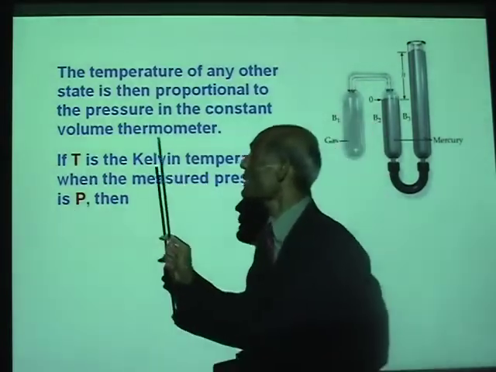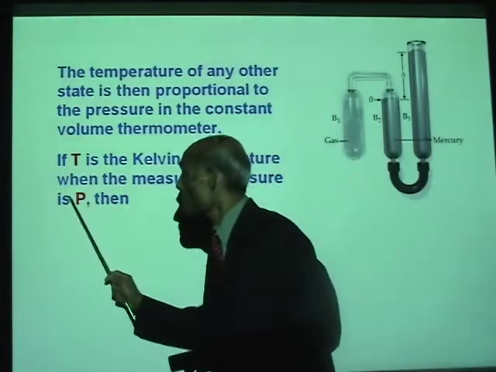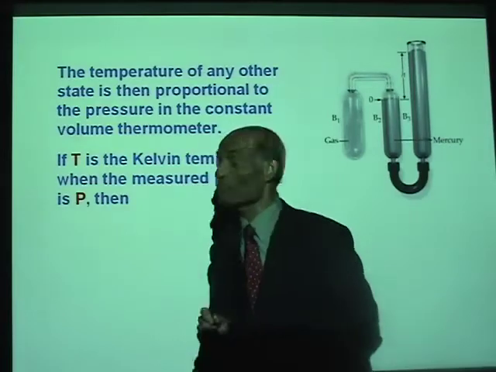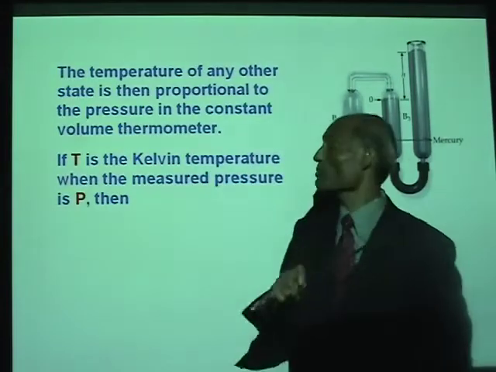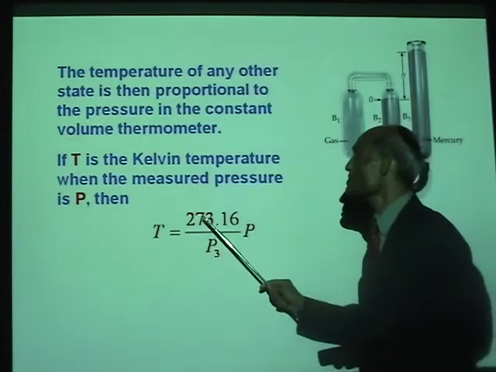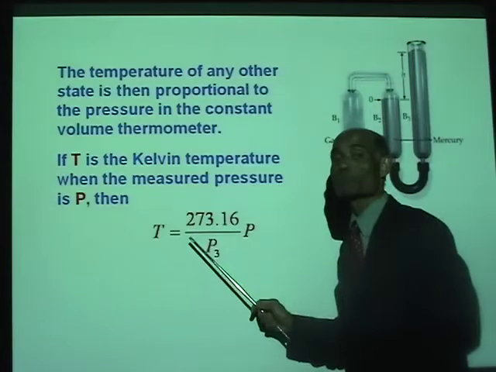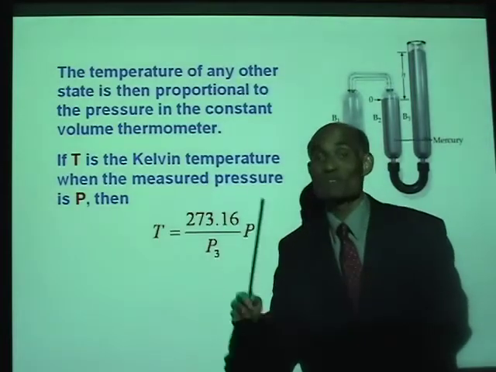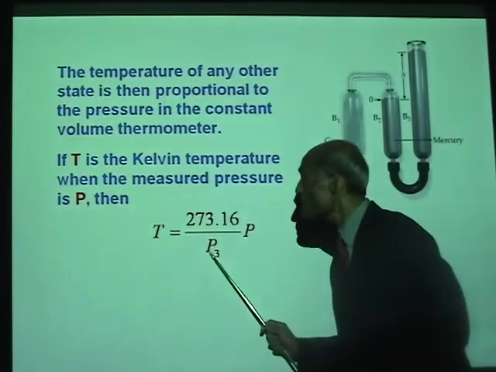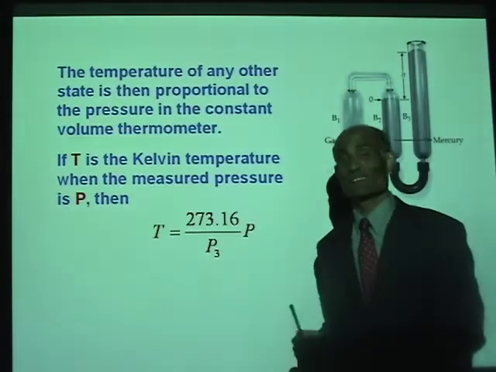We have now a relation connecting the temperature of that bath, the pressure corresponding to that temperature, and the triple point pressure. And this is the relation. T equal to 273.16. What is this? This is the triple point temperature divided by P3. What is P3? The triple point pressure.